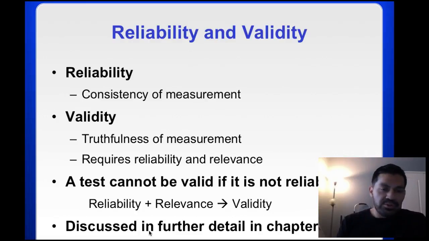So let's say you have a scale, and you get on the scale and the scale tells you the temperature of your room, it tells you that it's 80 degrees Fahrenheit. Well, a scale is supposed to tell you how much you weigh, not the temperature of the room. So that would not be a very valid measurement for weight. Just to kind of give you a little bit of an example here.